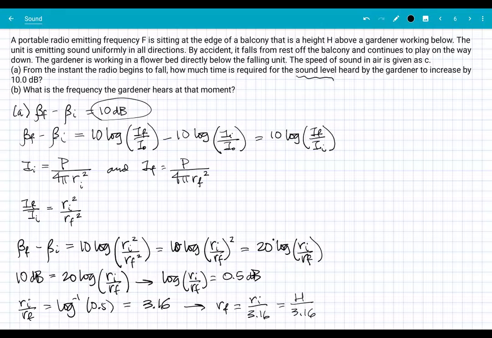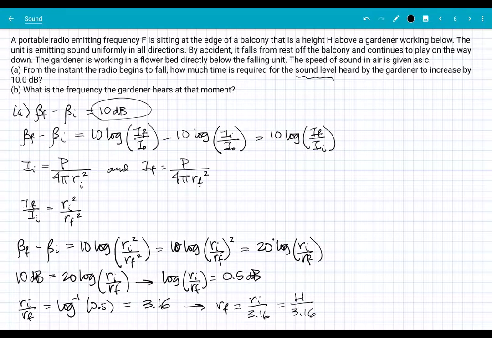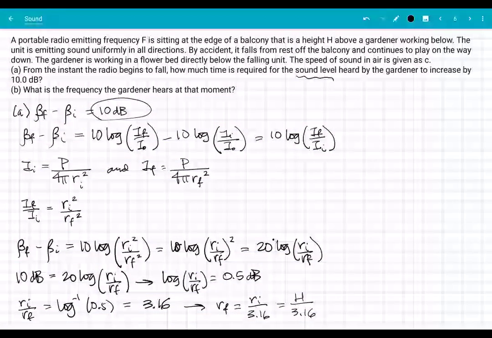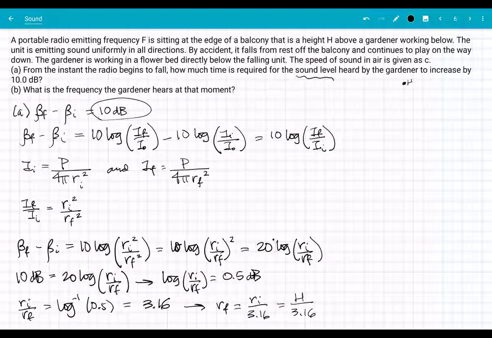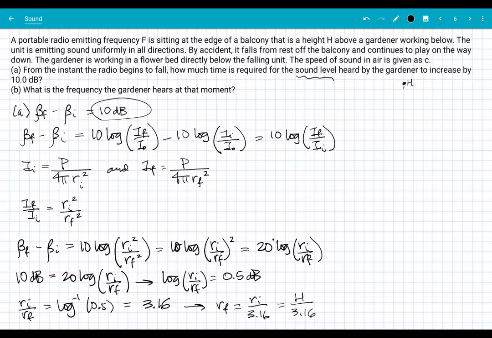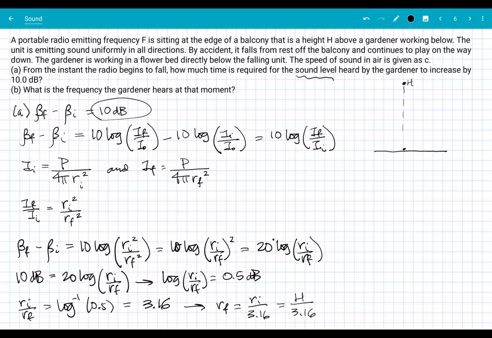Okay, so great. The first thing they were asking us for is the amount of time required for the sound level to increase. Now we know where the radio would be. So for instance, if the radio is falling from here's H, and let's say here's the gardener down here, and here is H over 3.16.